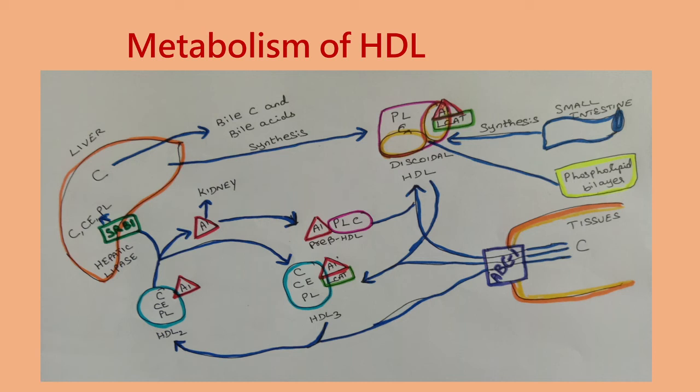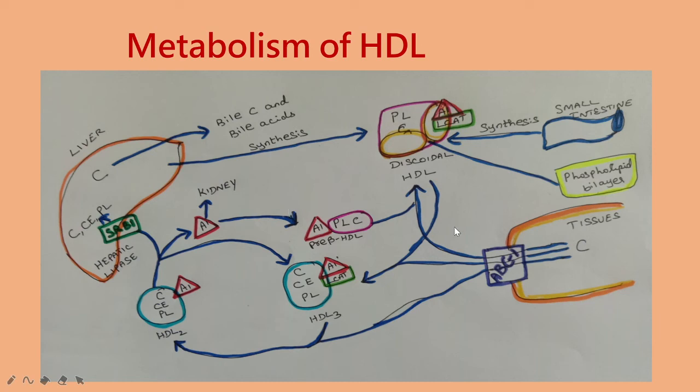The LCAT enzyme present in discoidal HDL helps to transport free cholesterol from the extrahepatic tissues to the liver, where it gets catabolized for its excretion. Such a transport is called reverse transport of cholesterol.